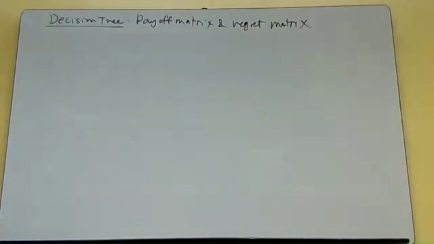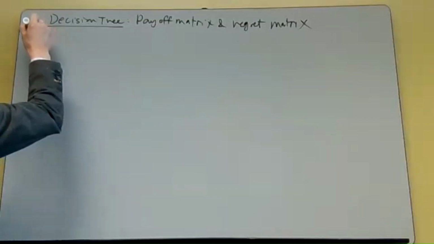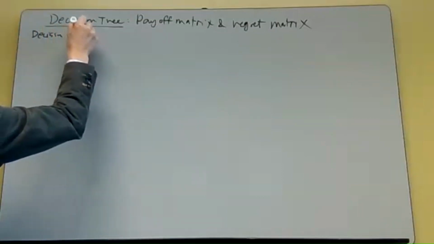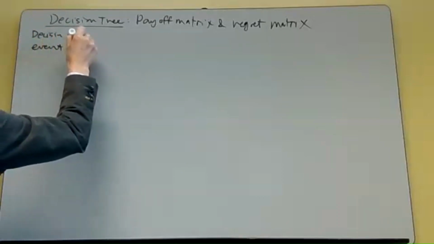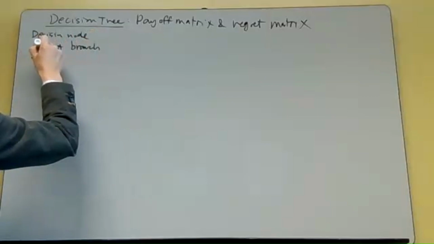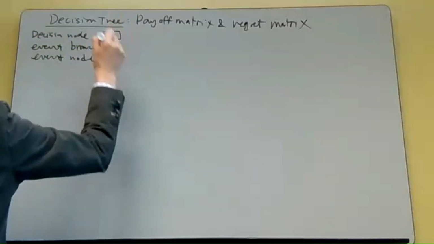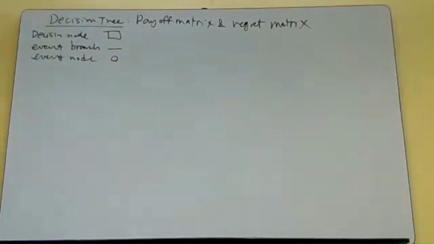A decision tree will have three elements: decision node, event branch, event node. So this is a square, this is a line, and this is a circle.